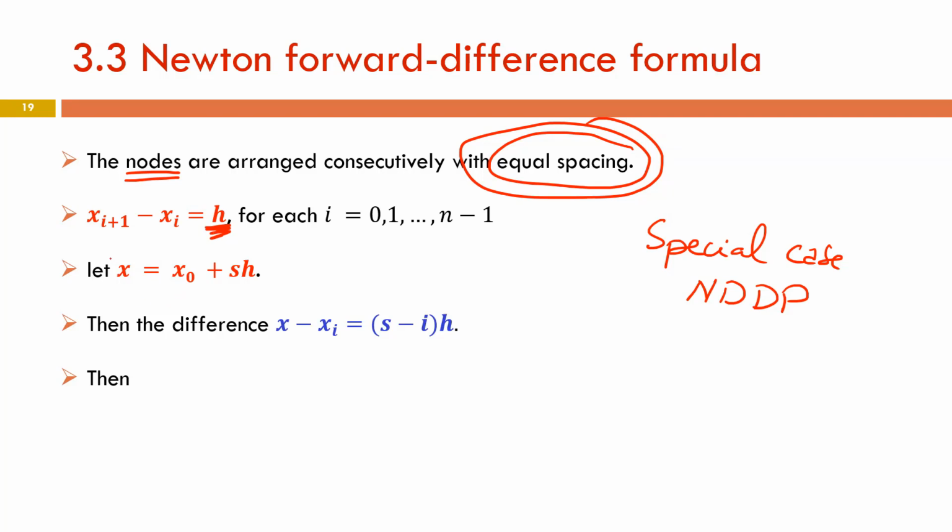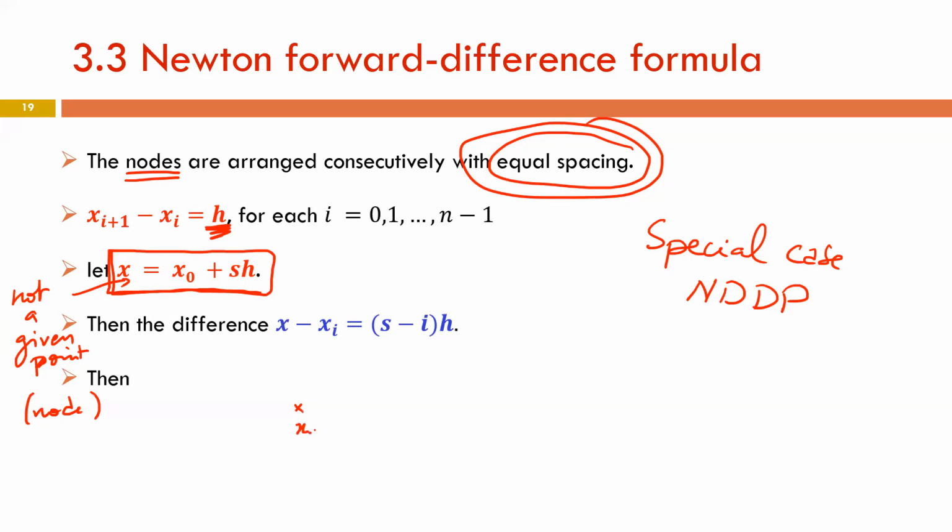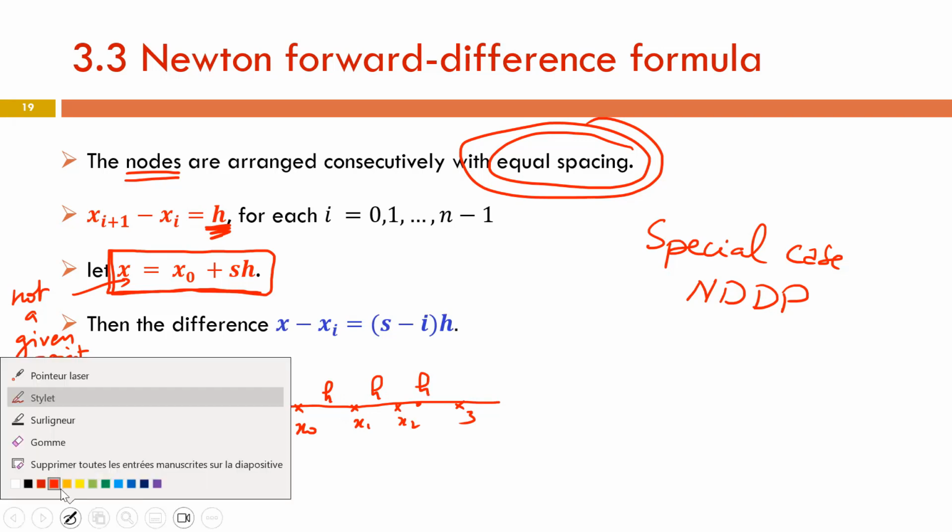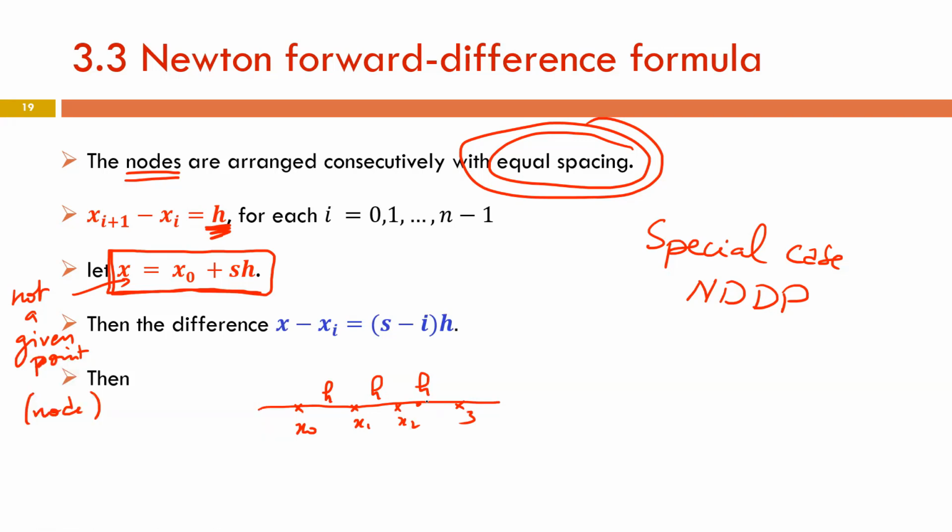So to apply this formula, we'll use this representation of any point x, which is not a given node, not a given point. So here you have your nodes x0, x1, x2, x3. This distance is h, this distance is h, this distance is h, but x can be any point here.